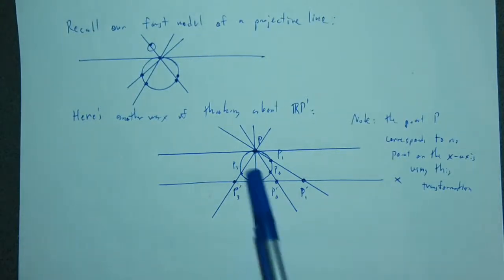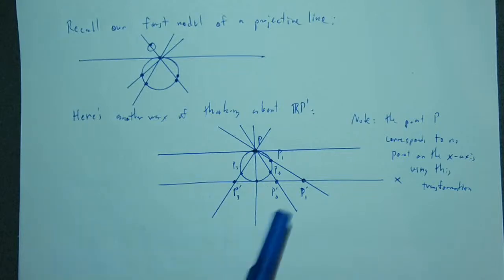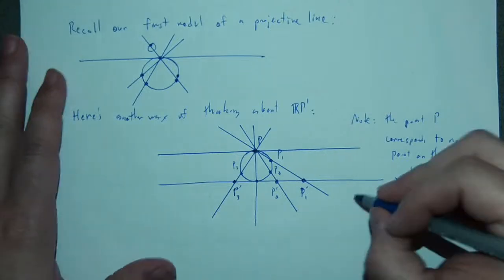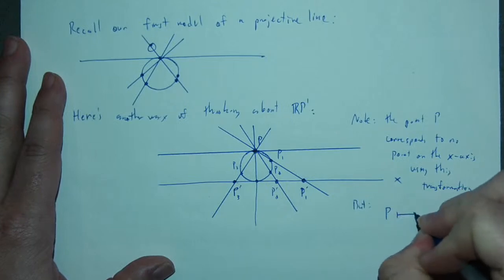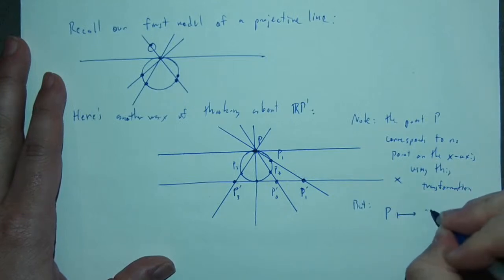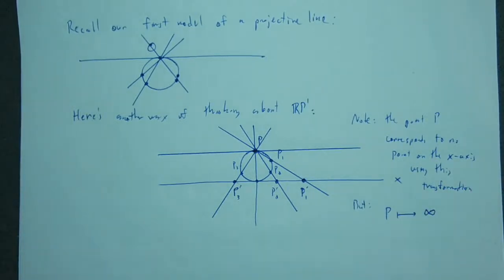And we draw the tangent line passing through P, and what do you notice? This line's parallel to the x-axis, so it doesn't intersect any point on the x-axis. So P maps to the point at infinity.